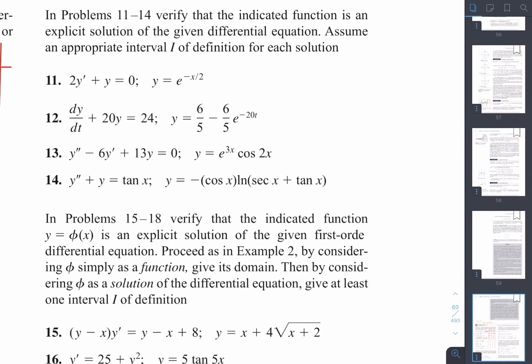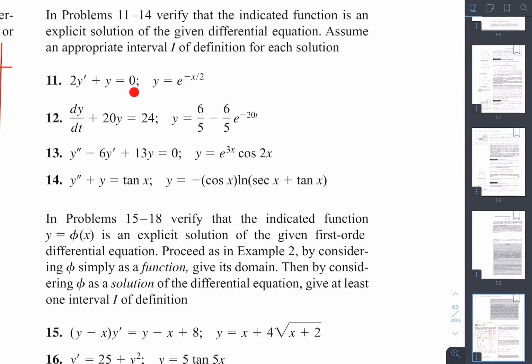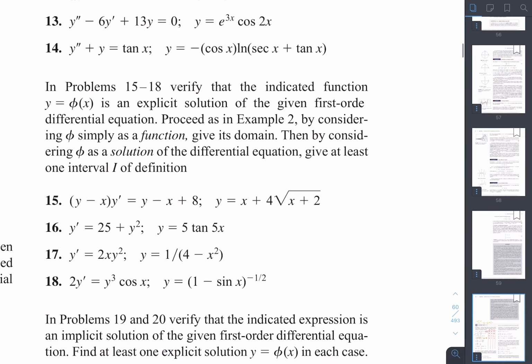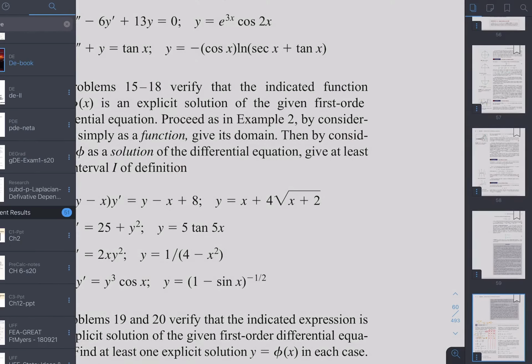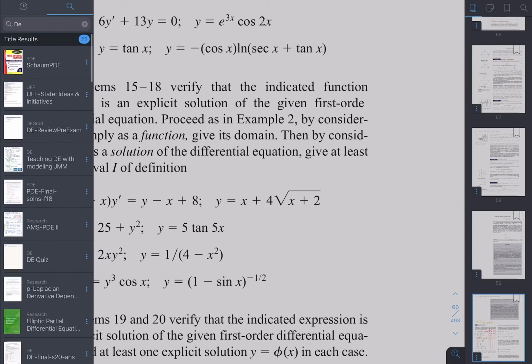Any of these would be a differential equation. As a matter of fact, this book has probably thousands and thousands of differential equations. So these are all examples of differential equations.